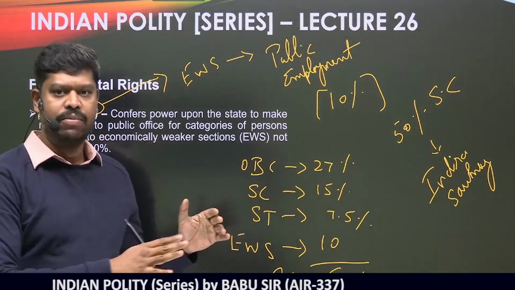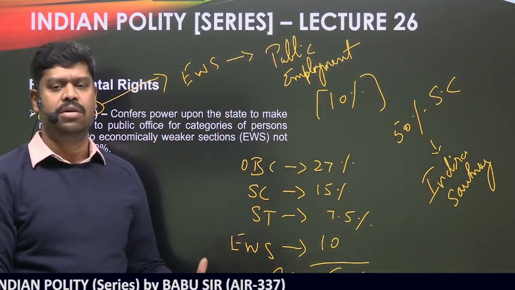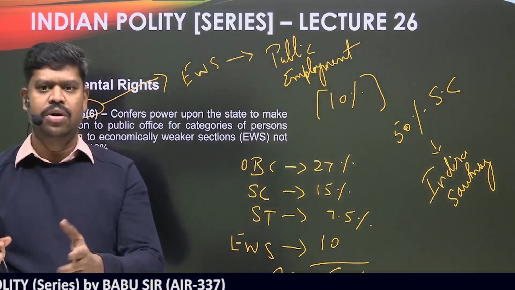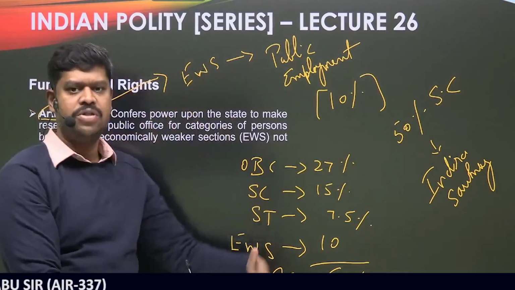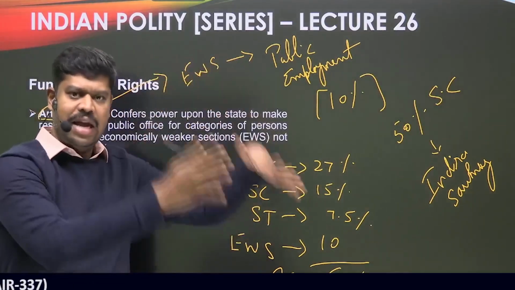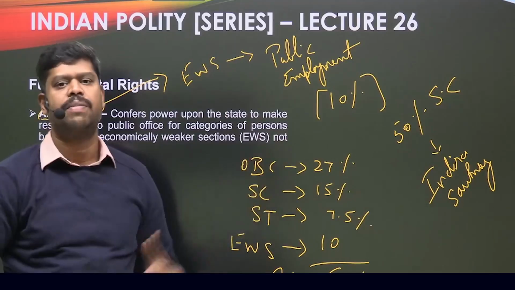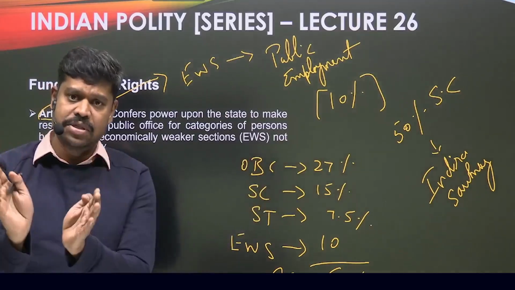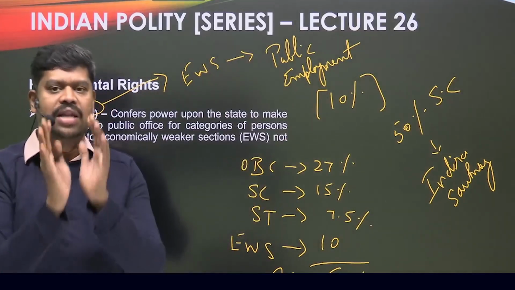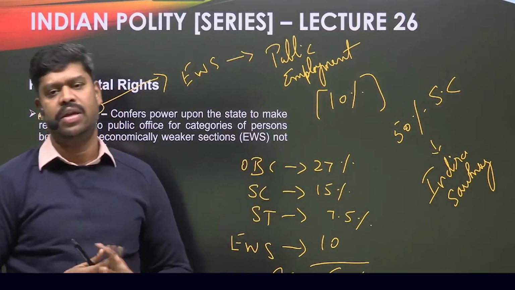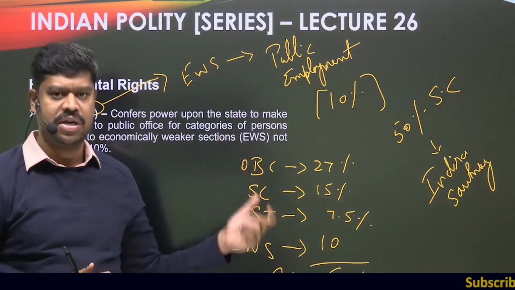But today EWS reservation is a separate vertical. So similar to the other backward castes, the scheduled castes and the scheduled tribes, this EWS is a separate category of people who are getting the benefit of reservation. So that 50% rule is only for the OBC, scheduled caste and scheduled tribes. And that 50% rule does not include the economically weaker sections among the general category.